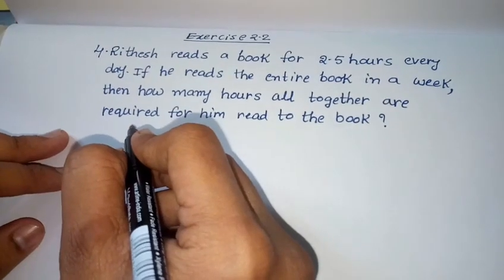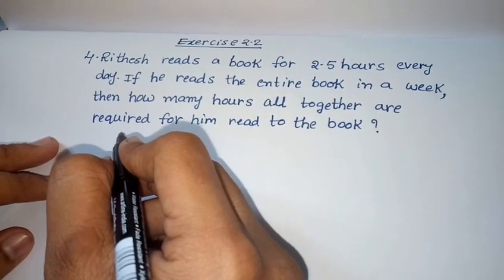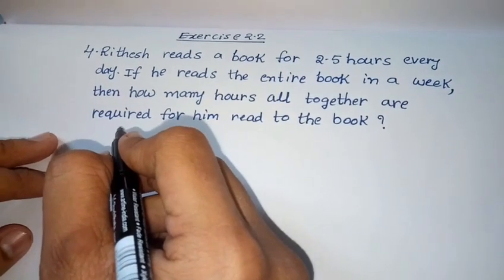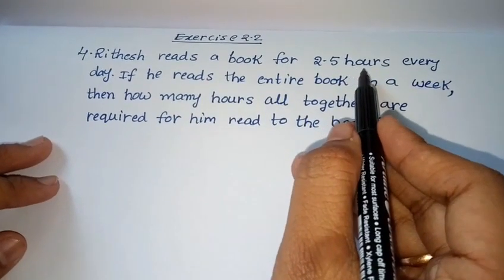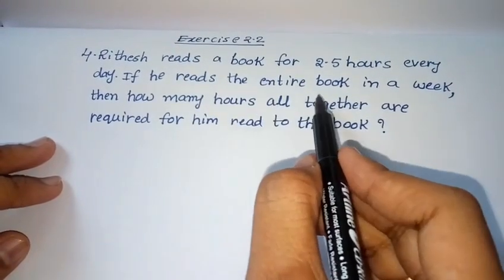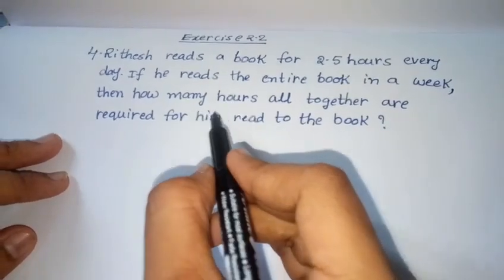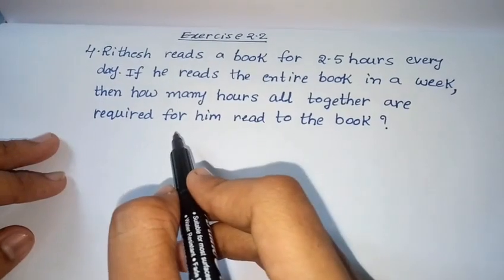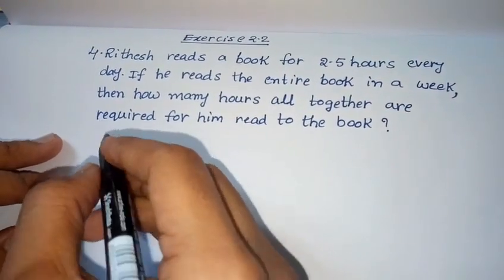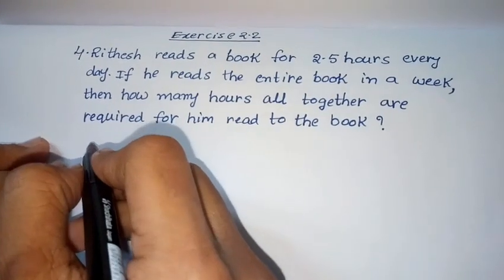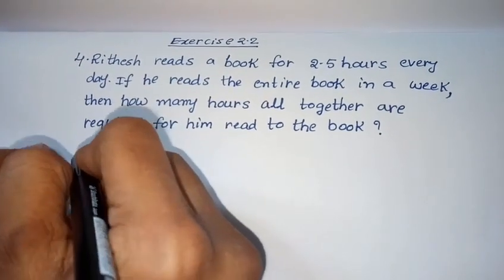Now I am going to explain exercise 2.2, fourth problem. Ritesh reads a book for 2.5 hours every day. If he reads the entire book in a week, then how many hours altogether are required for him to read the book? In the problem given, Ritesh reads a book every day, that is equal to 2.5 hours.